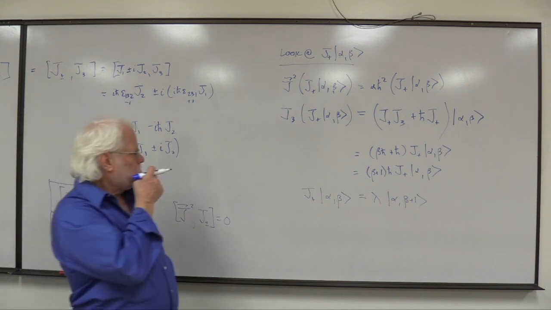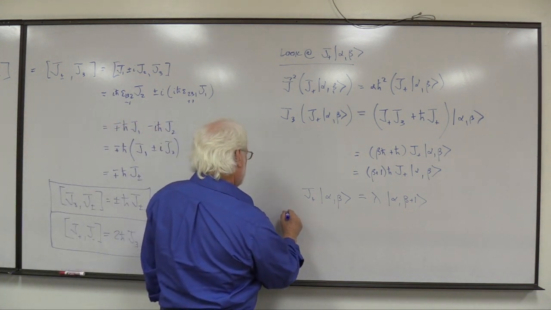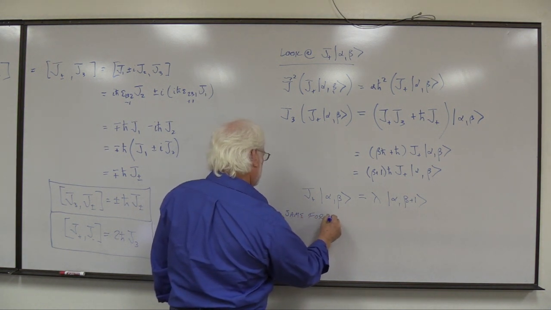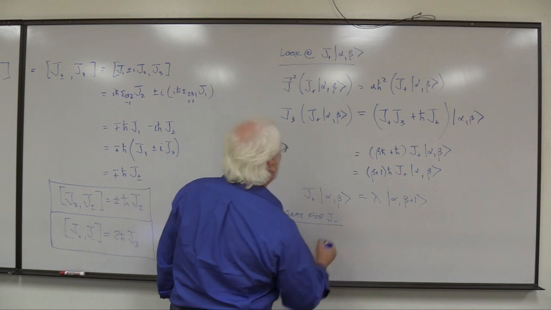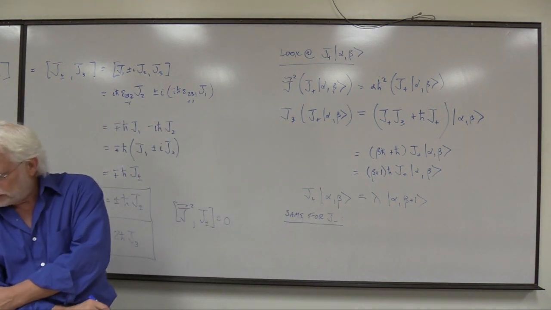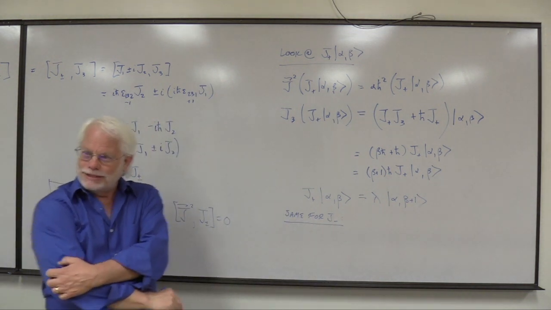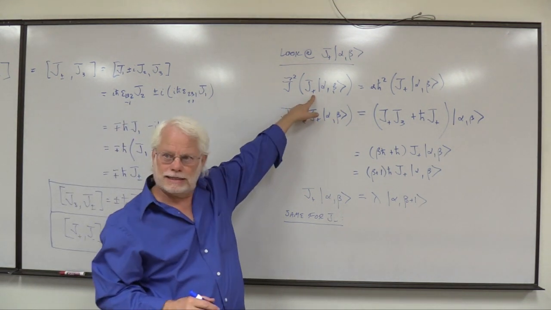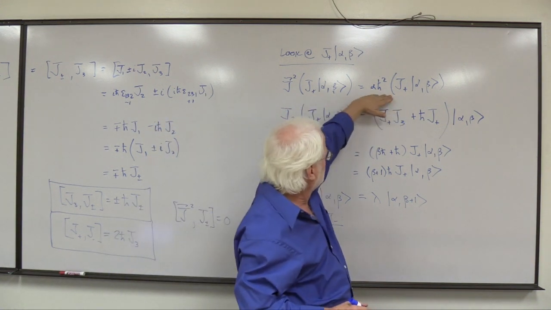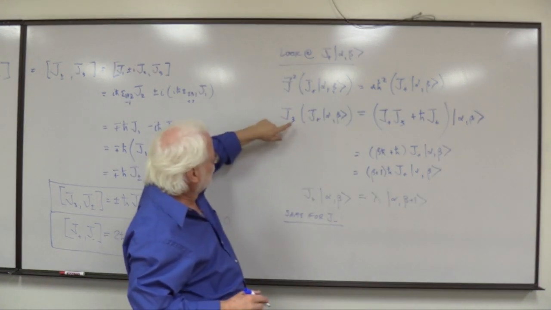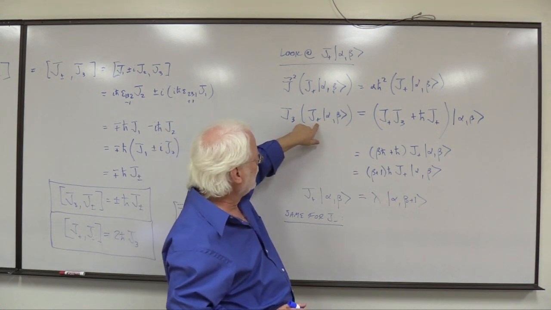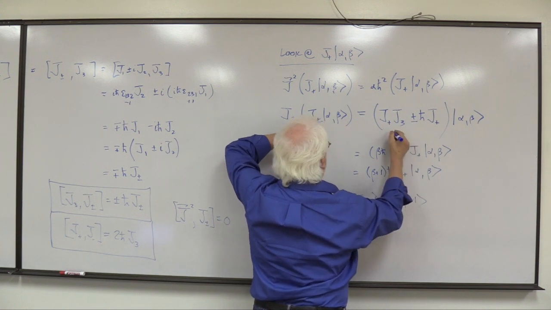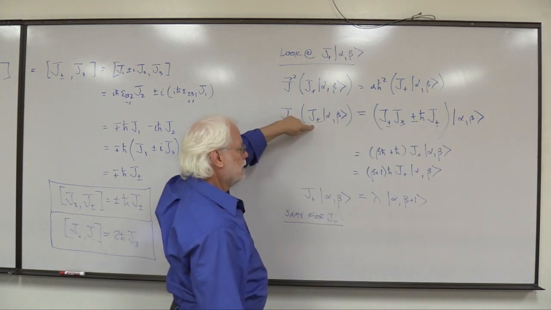Then if we do it with J minus, what happens? Well, I give this as an exercise, but I think you can see what happens. The only difference, if I had a J minus here, this still commutes. This is still the same. But acting with J3, if I had a minus here, it would be plus or minus everywhere.